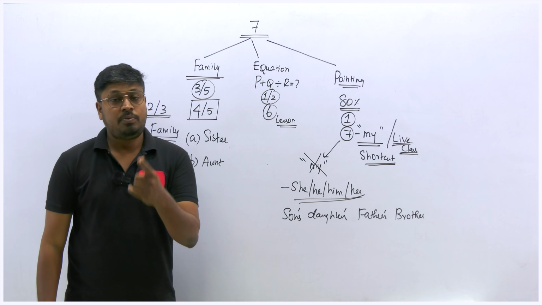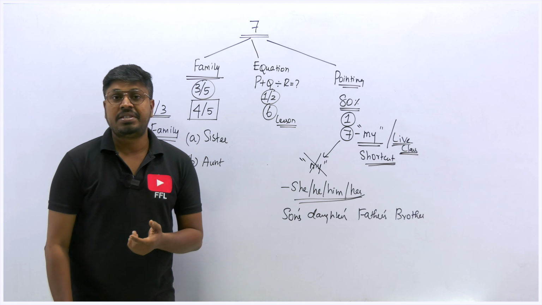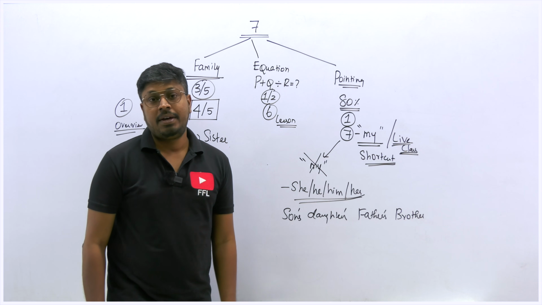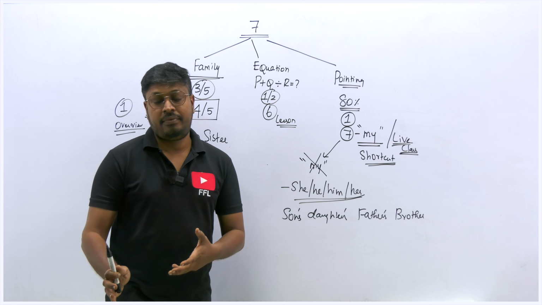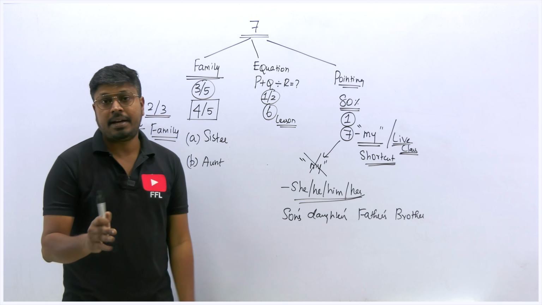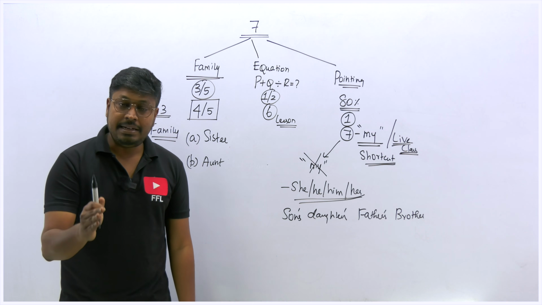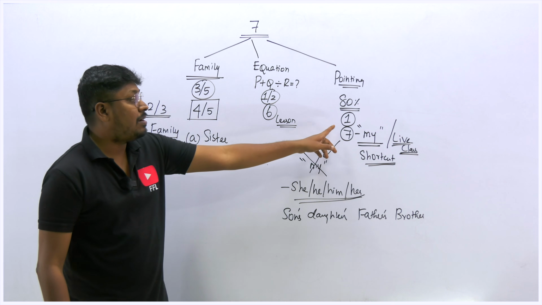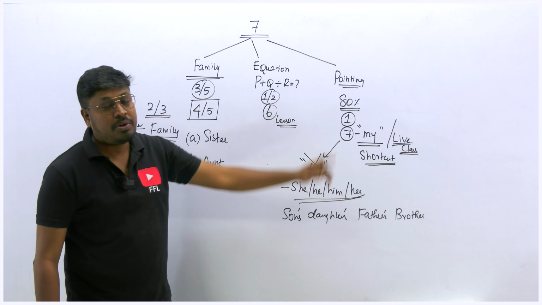That comes only when you practice more questions, and most of the students will not learn this pointing to a photograph. The main reason is they think it is difficult and there is more chance of making a mistake. Kindly don't do that, learn it, because it's an easy topic, and in many competitive exams our students are losing this 1 mark because of this, right?